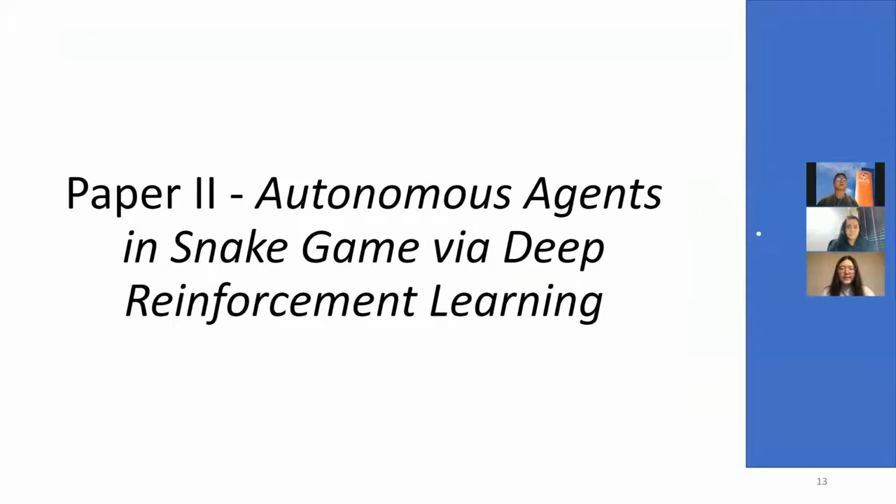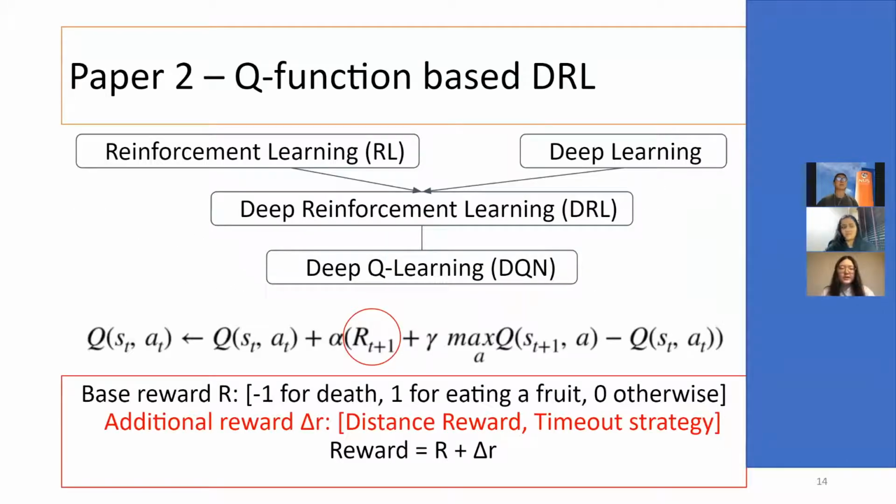Thank you. Thanks, Tanvi. So I will be introducing the second paper titled Autonomous Agents in Snake Game via Reinforcement Learning. This paper introduces a DQN-based method with additional reward and training mechanisms. For the background, reinforcement learning has been widely used to train the agent to play different games.